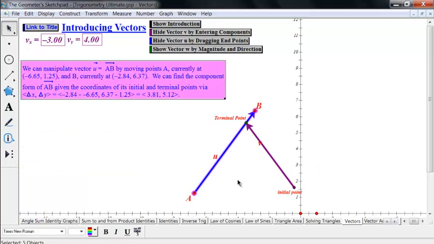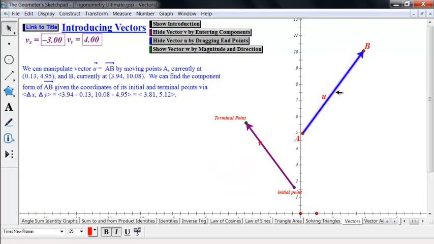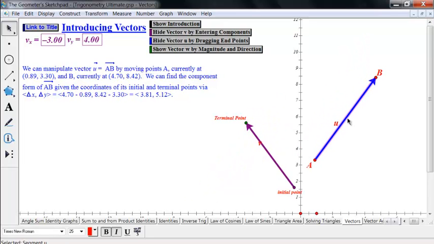Now another way we could specify a vector is just specify 2 points. So let's say, for example, we start at say 0, 3, and then we can go to some place here, wherever.